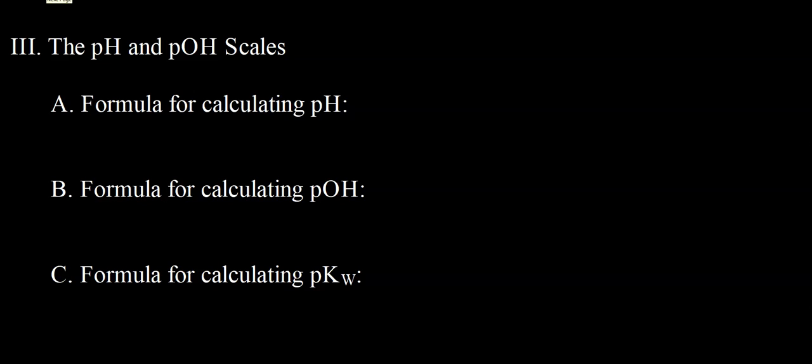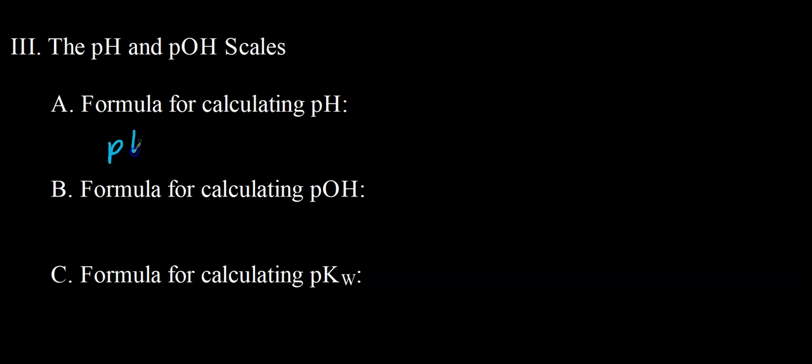pH and pOH scale. Maybe you haven't heard about the pOH scale. So the P in pH, or the P in pOH, or the P in pKw, as we'll see in a little bit, technically means power, but I think of it as negative log.